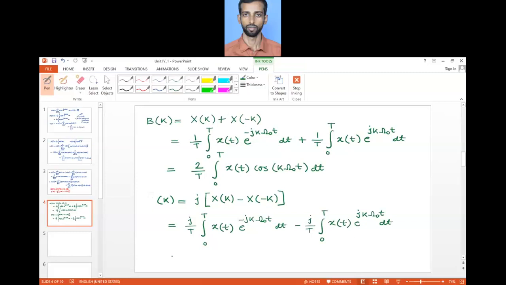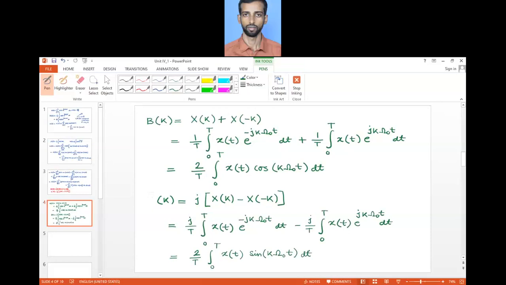Now if you do simple mathematical substitution, we readily find that this value turns out to be 2 by T integration over 0 to T x of t sine k omega naught t dt.